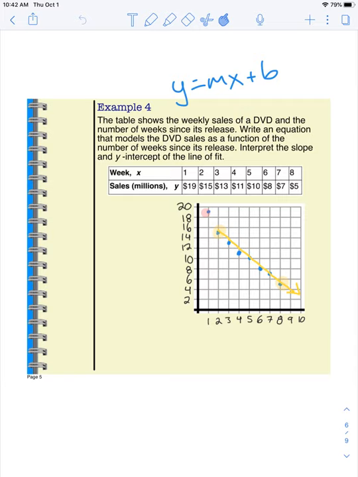And then I'm going to also draw a line from the top up through the y-axis. All right, so those points that I used were the second one, 2, 15, and then this last one, 8, 5. I'm going to use those 2 points to find my slope. Remember, slope is the change in y over the change in x.